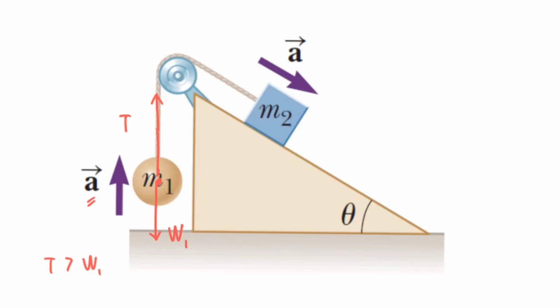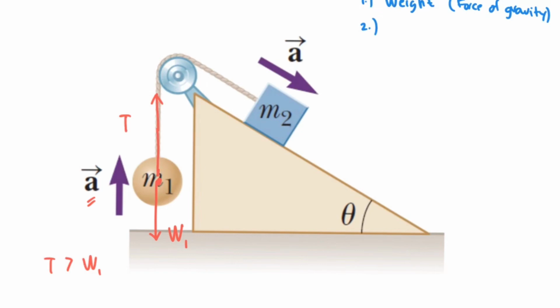Now, before we draw the free body diagram of M2, let us first identify the forces that are acting on M2. Number one, we will have the force of gravity, or the weight of M2. Second, we also have the normal force, since the object is on the inclined plane.